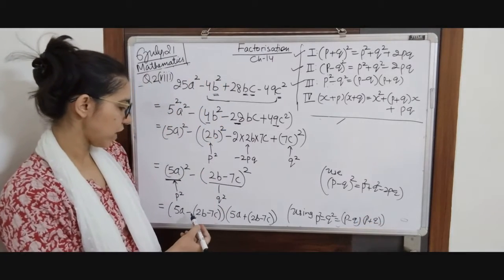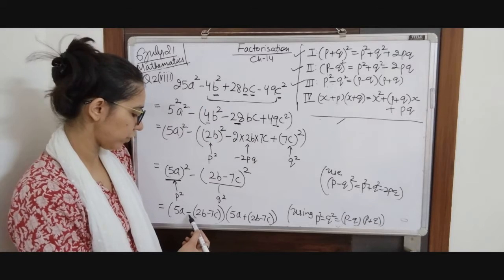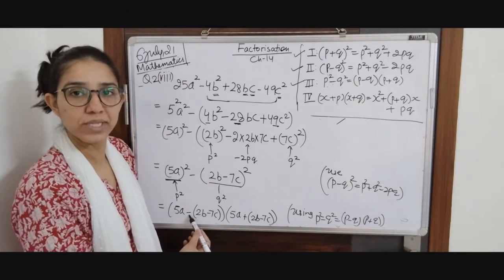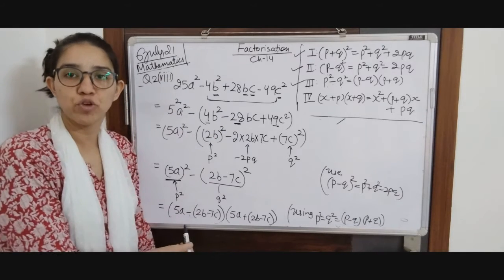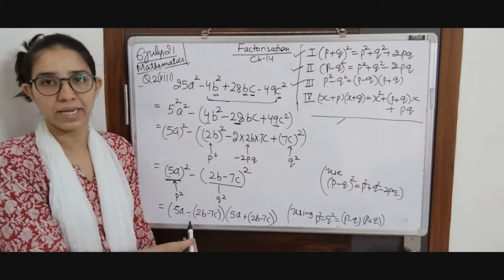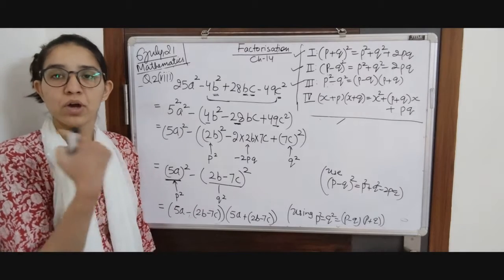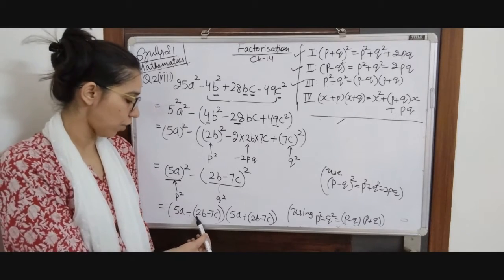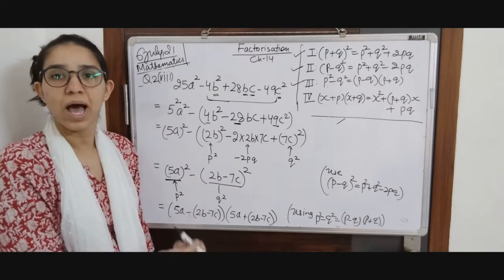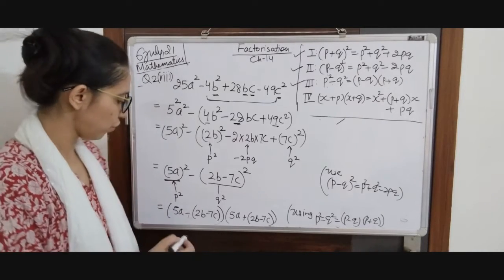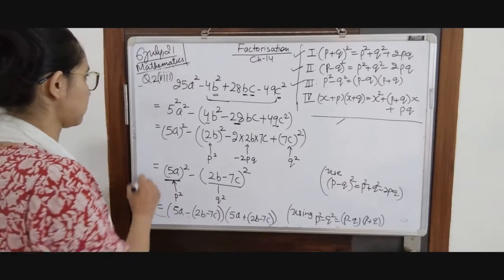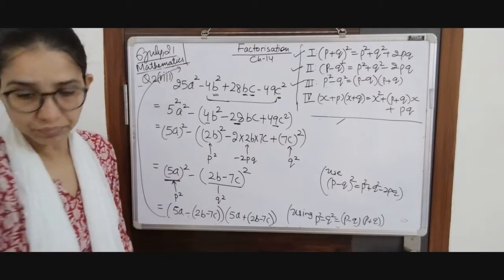We have put a bracket here because in front of the bracket there was a negative sign, and if you open the bracket, then the signs of the numbers inside the bracket are going to change.